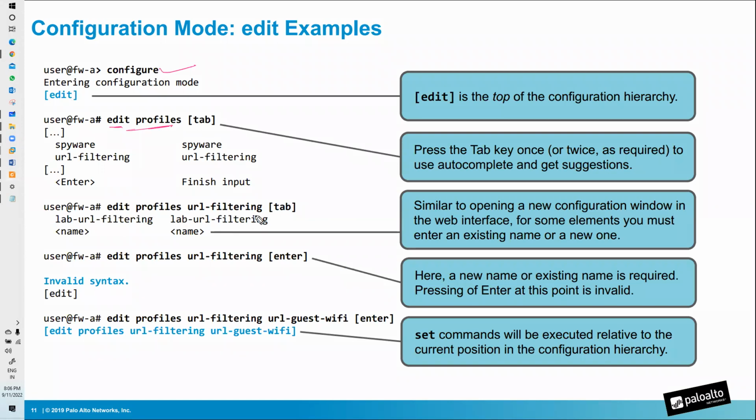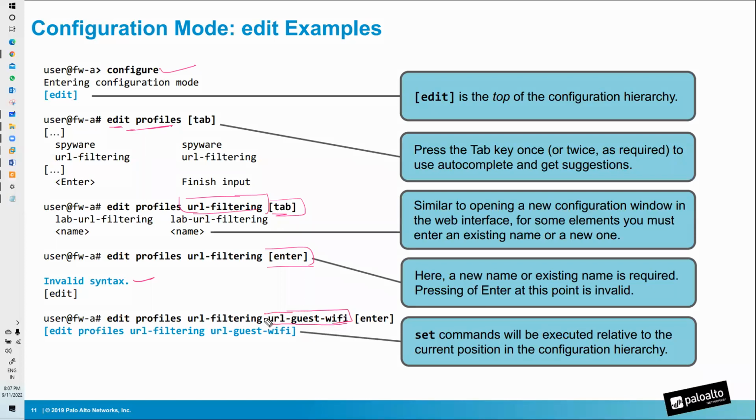After that, edit profile URL filtering. You need to put the action name: URL filtering, anti-spyware profile, antivirus profile. Once you hit enter, hit tab. And after putting URL filtering, actually we are getting this invalid syntax. After that, you need to provide the name of the URL filtering profile. So this is our URL guest Wi-Fi.